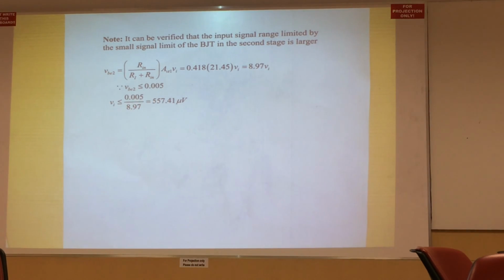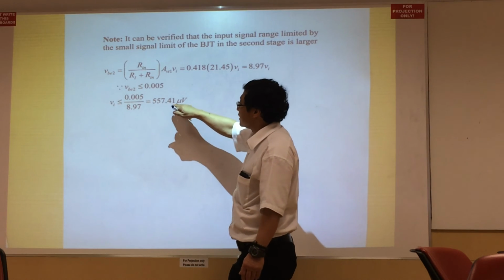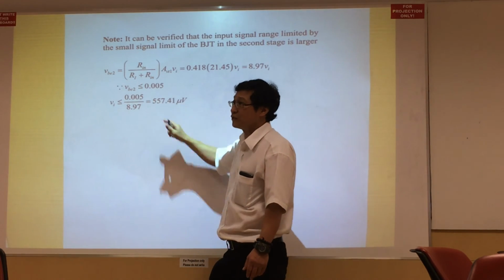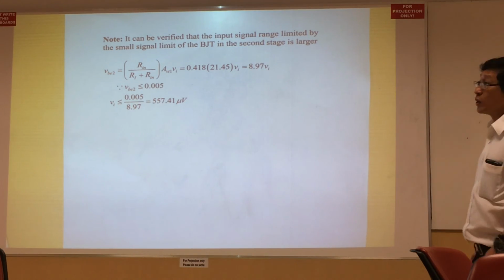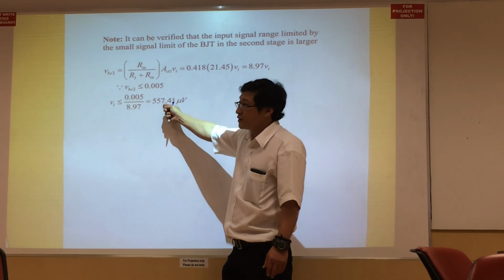557 microvolt. Now, which one is dominant? Should VI be smaller than this value, or should VI be smaller than the previous value which we found, 280 microvolt? Obviously 280 microvolt, because 280 microvolt is smaller than this value.